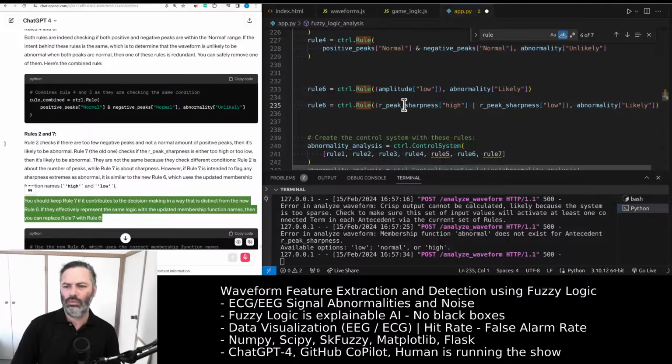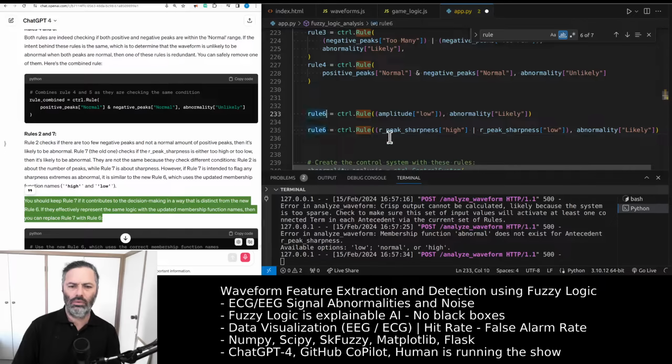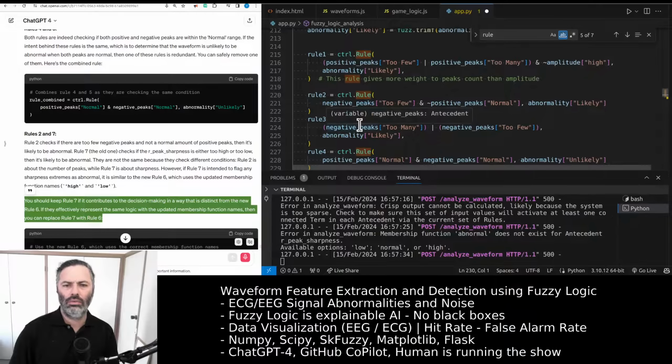You should keep Rule 7 if it contributes to the decision making in a way that is distinct from the new Rule 6. If they effectively represent the same logic with the updated membership function names, then you can replace Rule 7 with Rule 6.